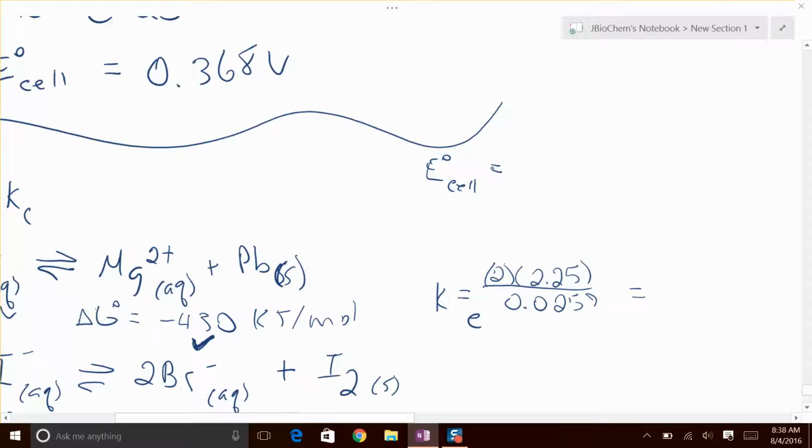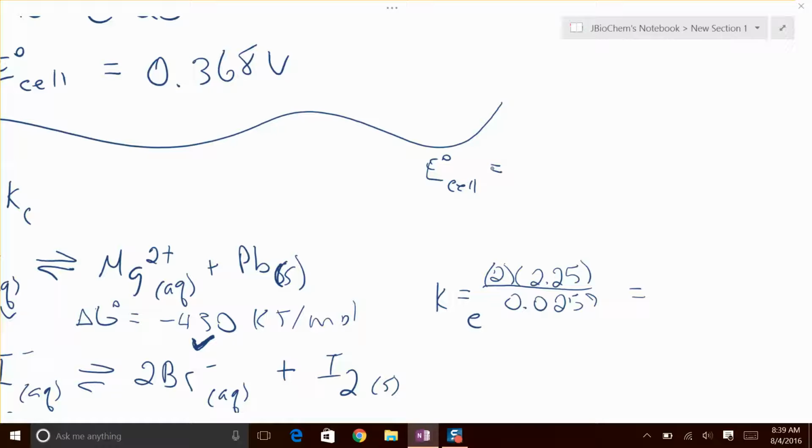How can you do this exact calculation and get different answers? What did you say was exact? It was 5 times 10 to the 75th. Yeah, so I'm pretty close.